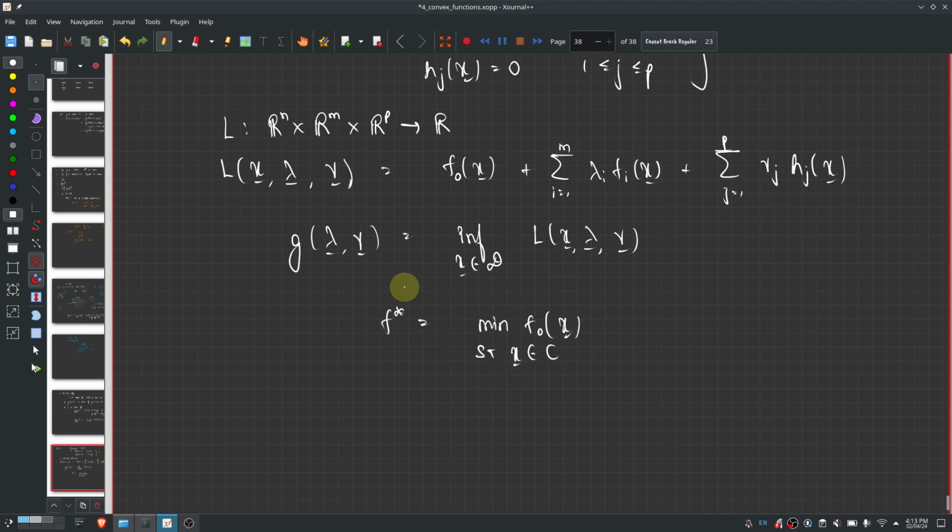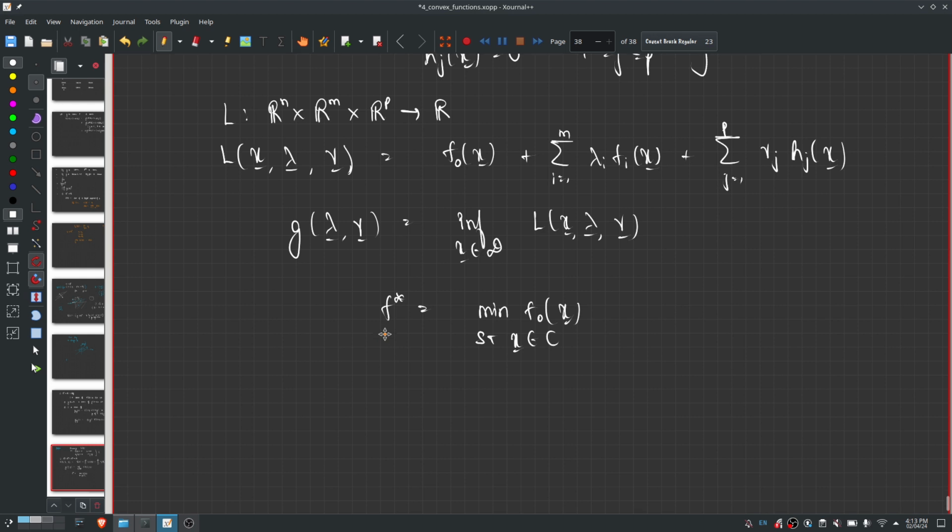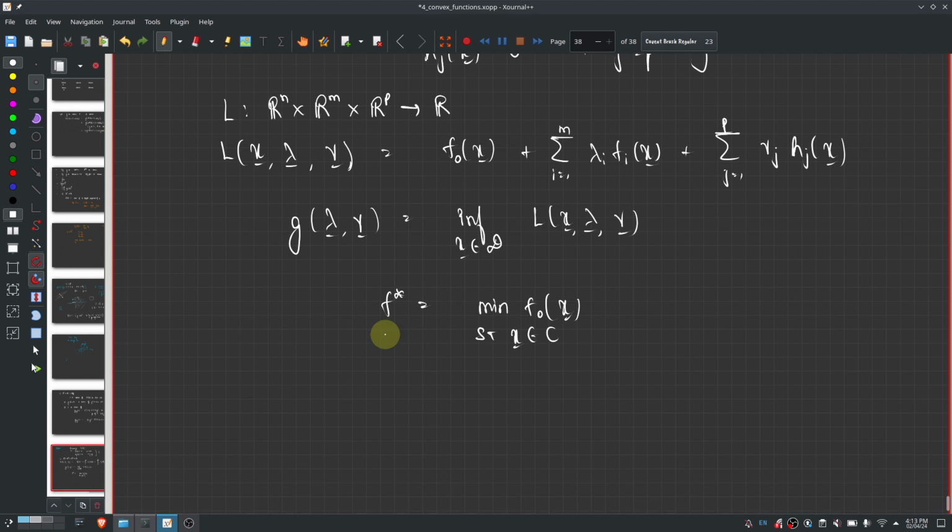Our goal is to find f star and possibly the x that achieves this f star. Our assumption will be that there exists some x that achieves this f star, so f star is finite. That's going to be our assumption. But right now we're making no other assumptions on the entire problem. It need not be convex.